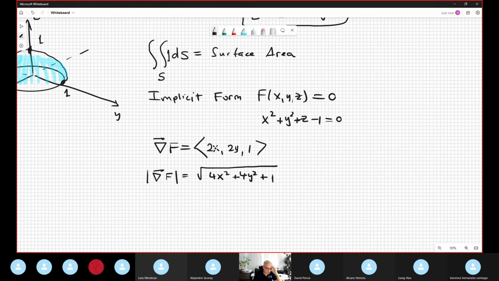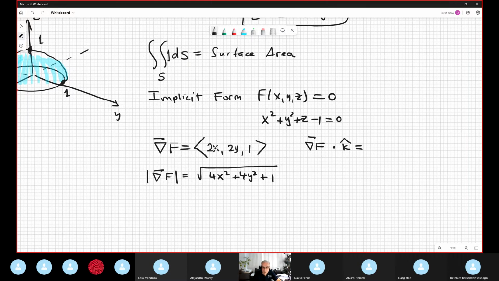1. Now, if you compute the dot product with the vector k, because I am projecting onto the XY plane, I convert the surface integral to a double integral in the XY plane, where the region R is in the XY plane.